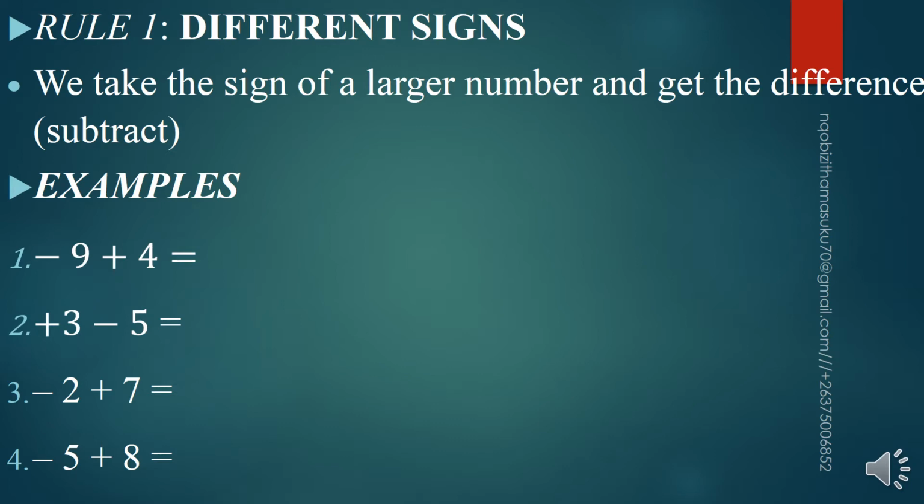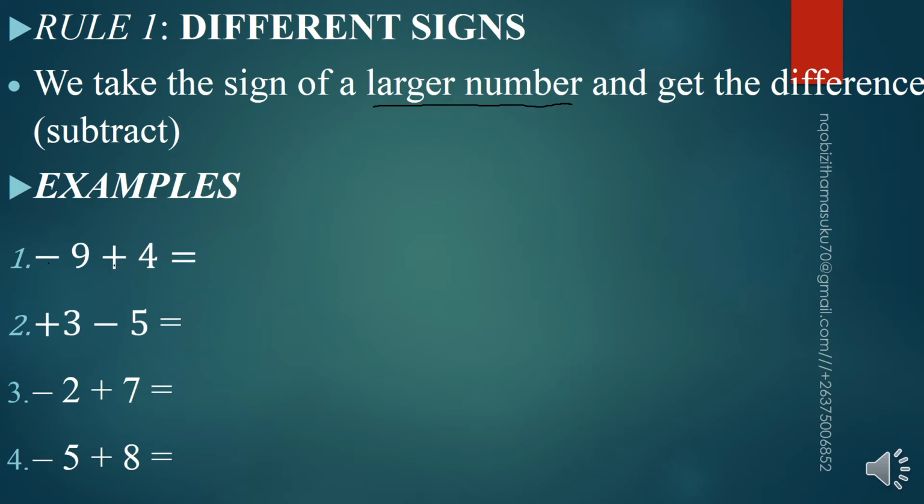Our first example: -9 plus 4. We have different signs. 9 has a negative sign and 4 has a positive sign. According to the rule, we take the sign of the larger number. Our larger number is 9, which has a negative sign.